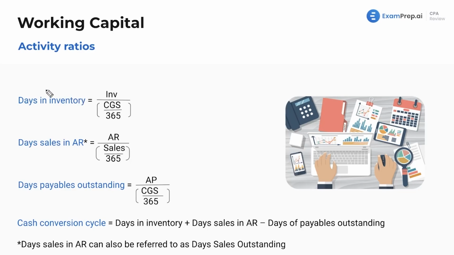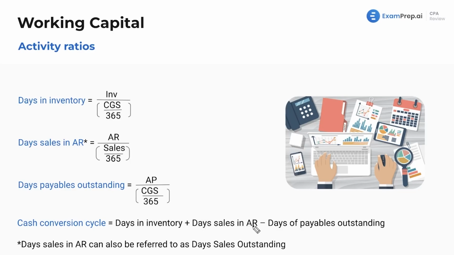Now, these three are related. Cash conversion cycle. What is this? Cash conversion cycle is how quickly you can essentially take all of your accounts, your operations, and turn them to cash. So days in inventory, obviously you want this lower because you don't want your inventory sitting around. Ideally, you would be able to flip your inventory in a day.